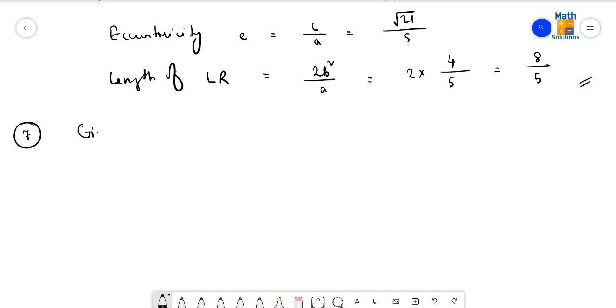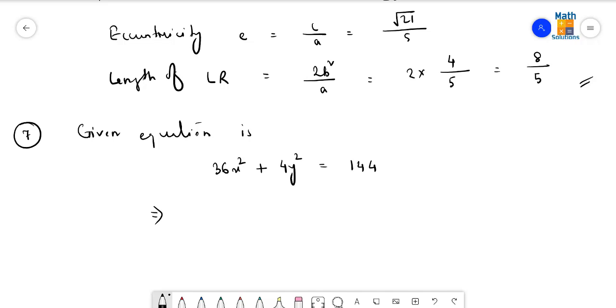Given equation is 36x square plus 4y square is equal to 144. We have to bring it to the standard form, which should be of the form x square by something plus y square by something is equal to 1.